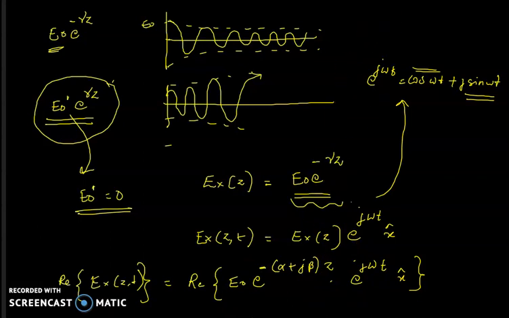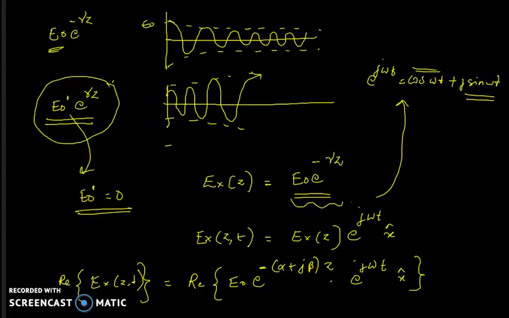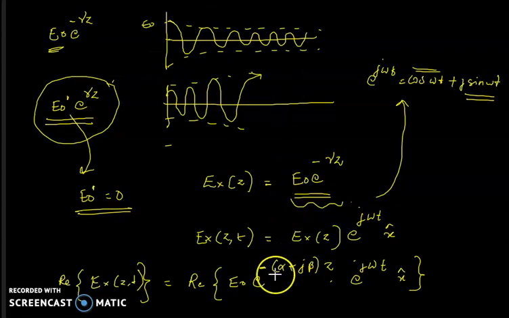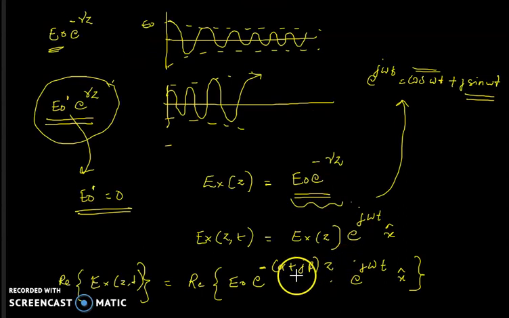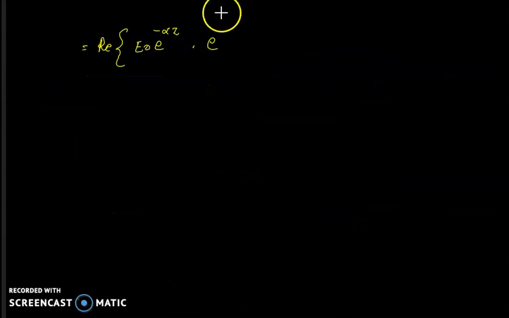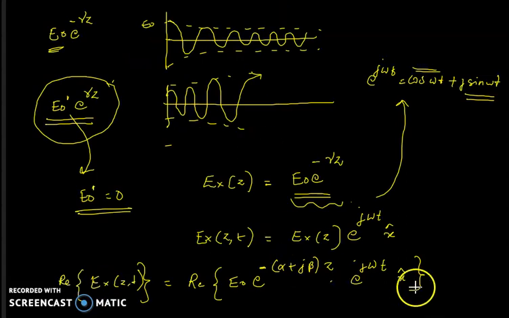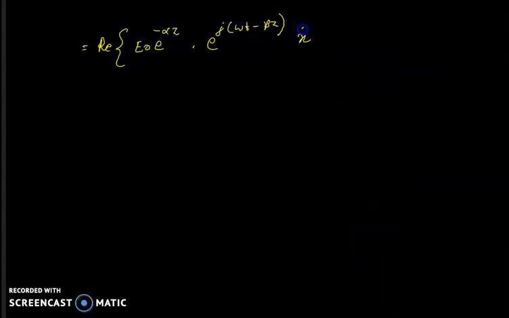We can represent this function as the real part of E naught e power minus alpha z into e power j omega t minus j beta z, that is e power j times omega t minus beta z, into x, the unit vector.